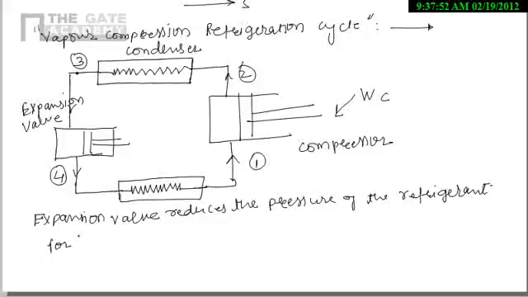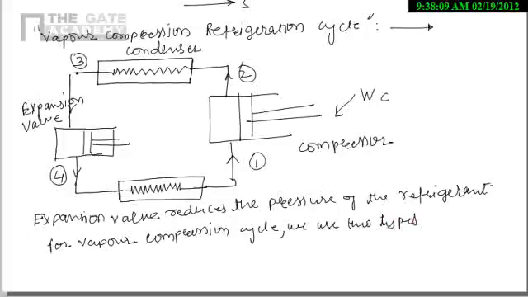So basically for the vapor compression cycle, we use two types of expansion device. The first one is the capillary tube, which is used for small units.